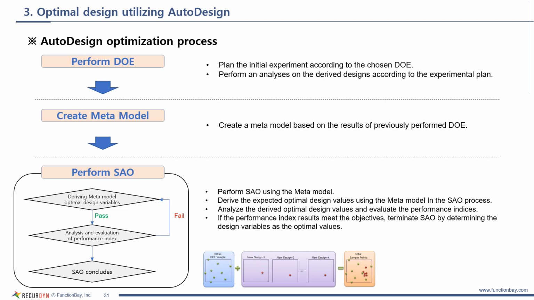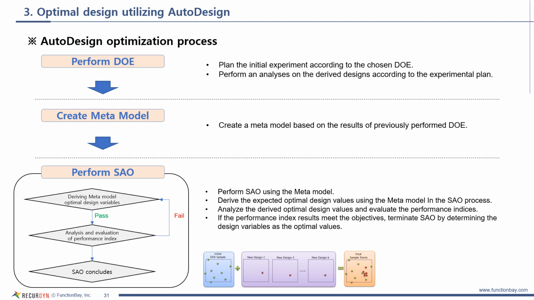The analysis is performed for these values, and the performance indices are evaluated. If the results do not meet the objectives, a different optimal value is derived from the meta model. This process is repeated until the results are deemed suitable for the given objectives, at which point it is considered the optimal value and SAO is concluded.